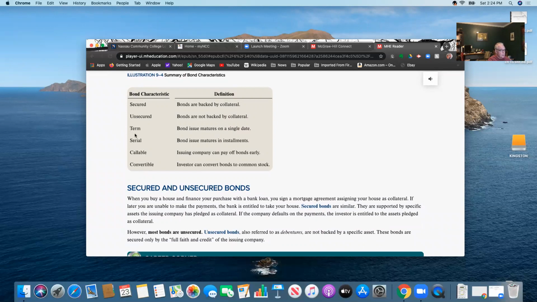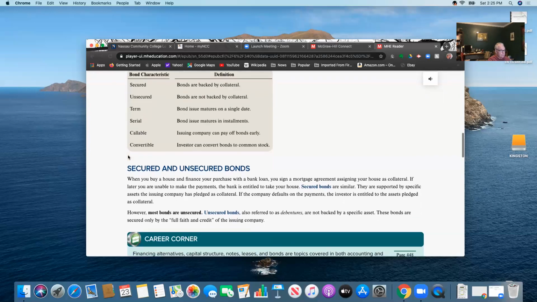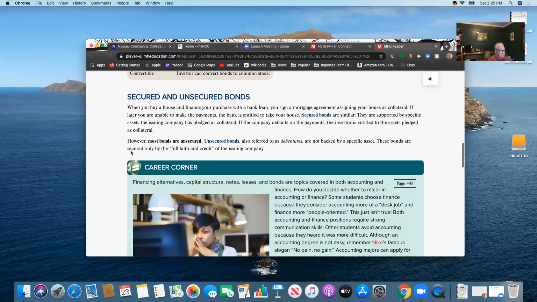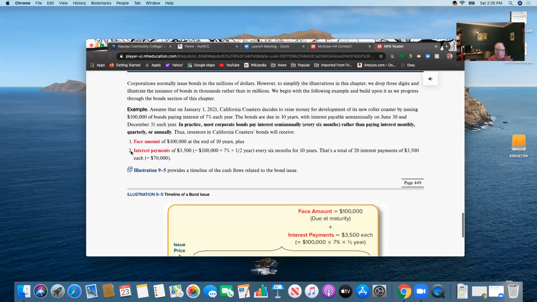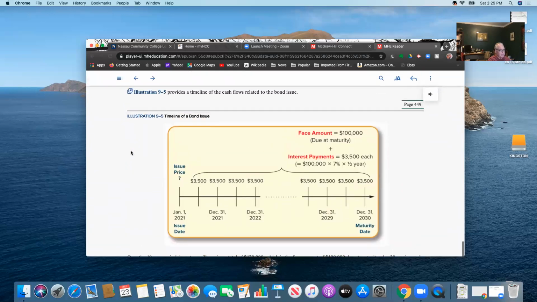Serial, they mature in installments. Callable, the company has the right to buy the bond back from you prior to its maturity. And convertible, sometimes bonds are sold that can be converted into shares of common stock. So they go through those explanations.